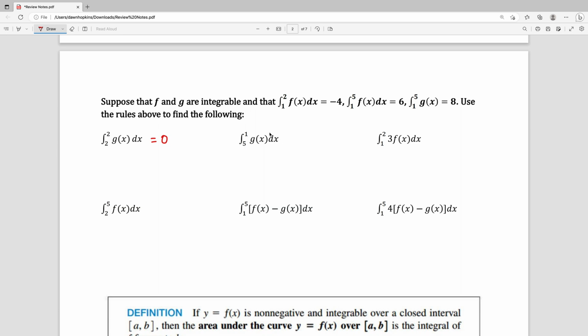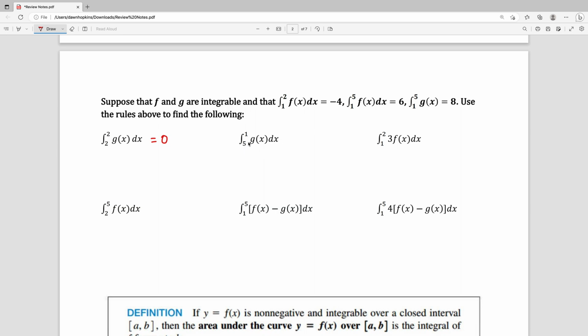Your upper and lower bounds are going to mark the left and rightmost points of the area that you're integrating. Well, if they're the same number, that distance between them is 0, and 0 multiplied by the height is still going to be 0. So that's one of those properties.